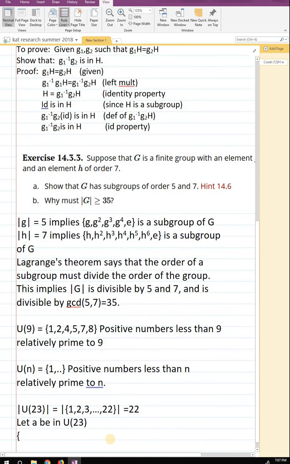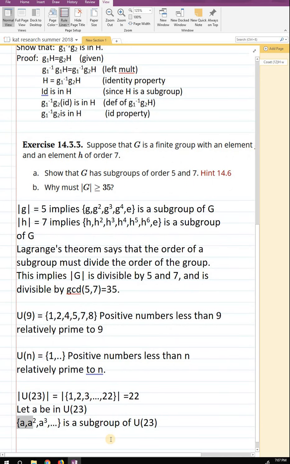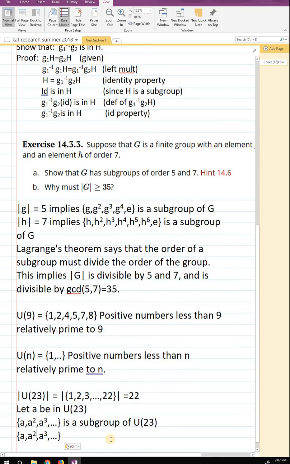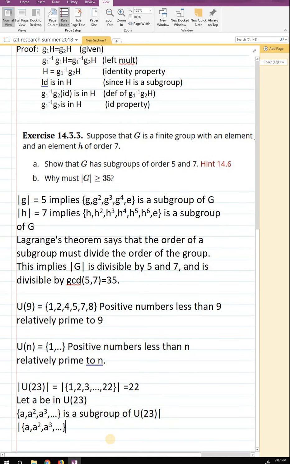That means that if I get this A squared, A cubed, dot, dot, dot, it is a subgroup of U23. So that means the order of this must divide 22.